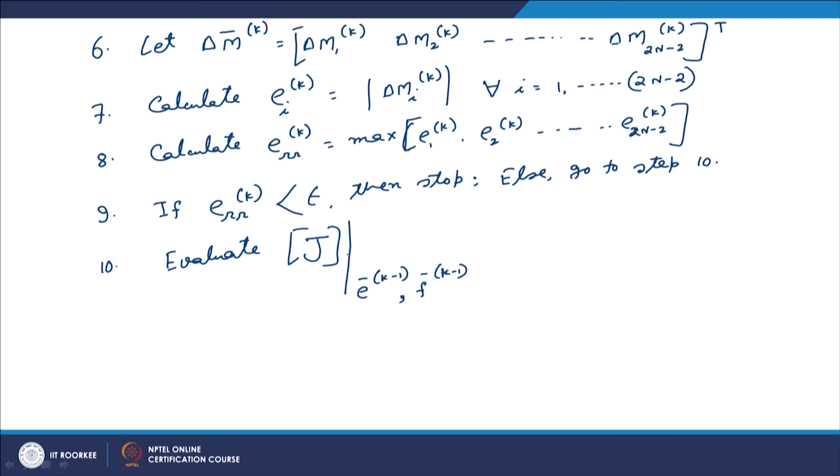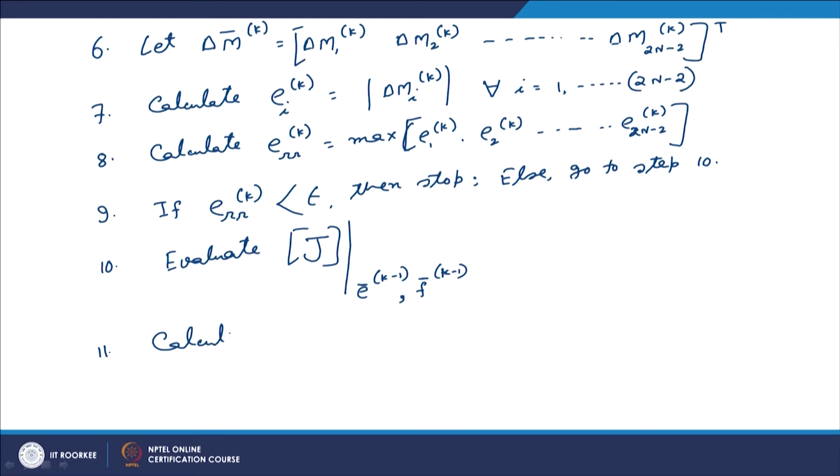This is not really minus; this is a vector notation here, and this k minus 1 denotes that this vector E is known corresponding to the k minus 1th iteration, and this k minus 1 denotes that this vector F is known at the k minus 1th iteration. And then what we do?